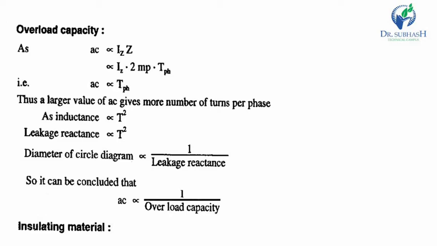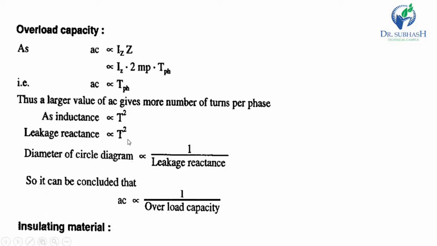If the number of turns is increasing, the inductance, which is proportional to the number of turns squared, will also increase, and the reactance X is equal to 2 pi FL. So inductance is proportional to reactance, and the leakage reactance also increases with the number of turns.